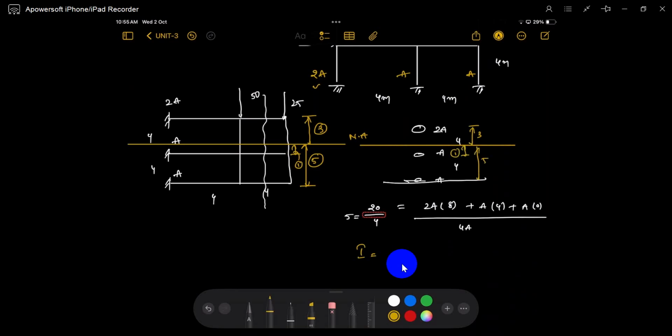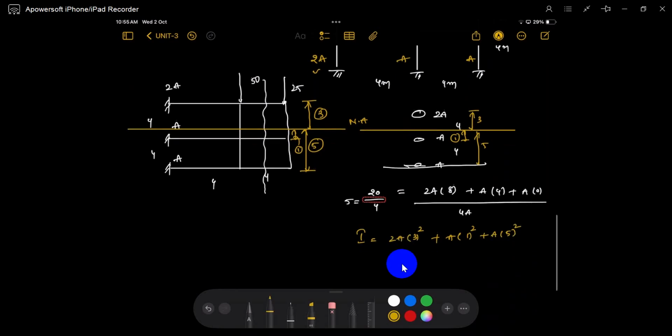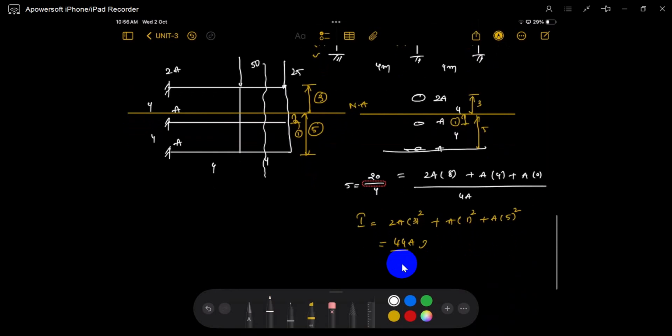So what is the I value? Area into distance squared: 2a into 3 squared, area into 1 squared, area into 5 squared. What is that value? 18 plus 1 plus 25, that is 44a. I is over.